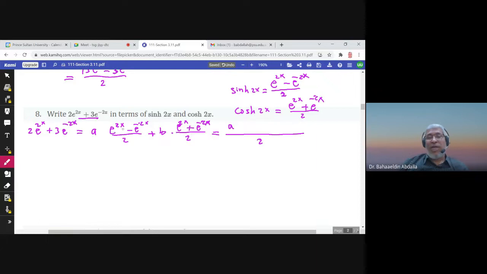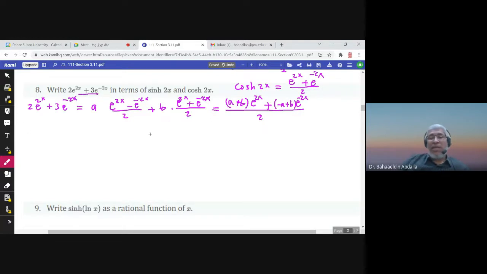So if I take e to the power 2x as a common factor, I will have a plus b times e to the power 2x, and then plus, for e to the power negative 2x, the coefficient in the first term is negative a, and the coefficient of the second term is b. Okay, so I can write these two terms like this.